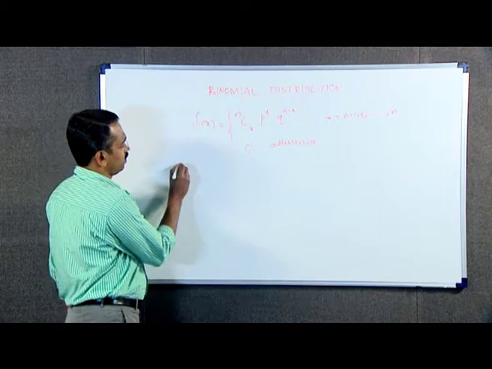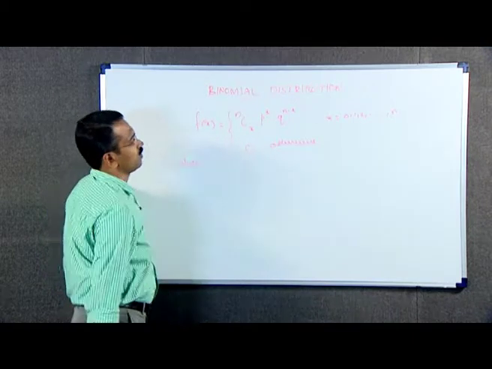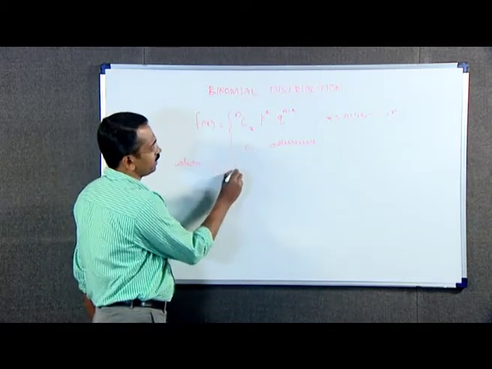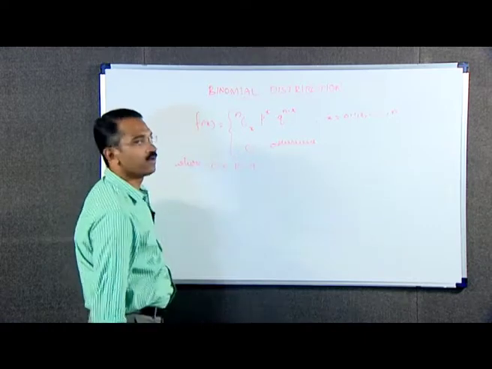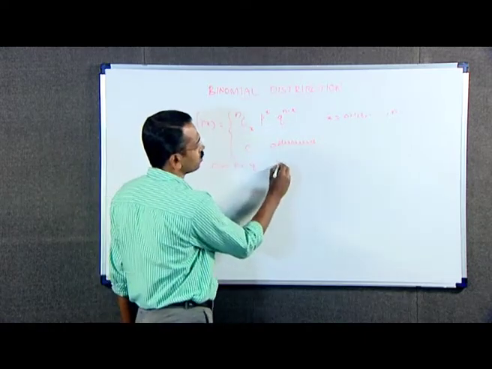Where 0 less than p less than 1 and p plus q equal to 1.